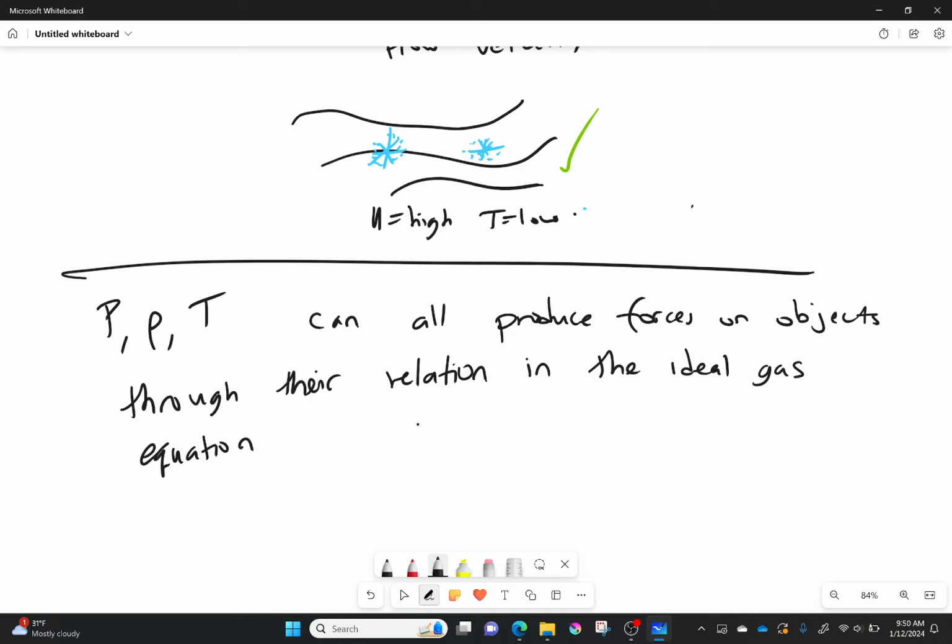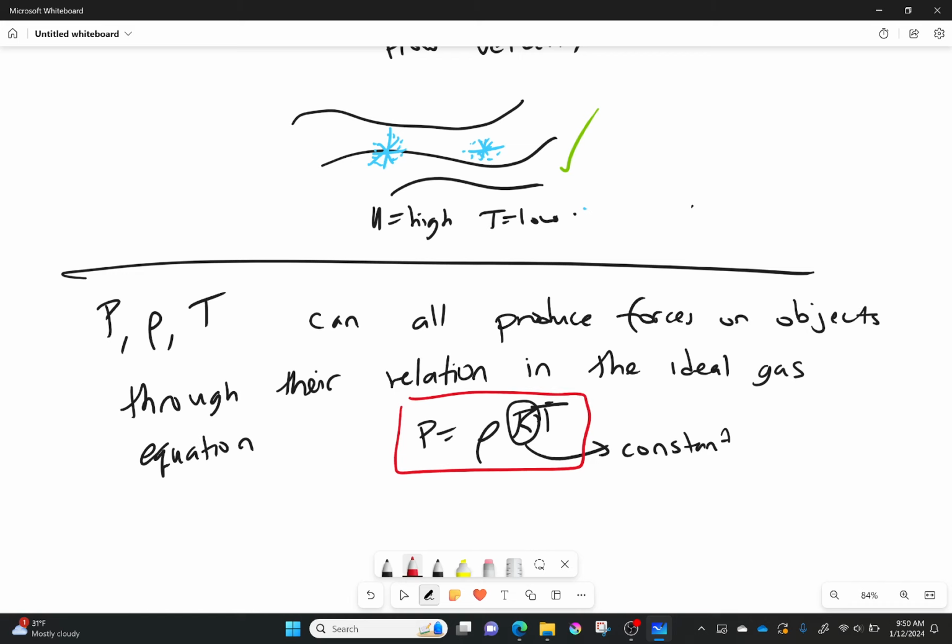Hopefully you haven't forgotten that already: pressure is equal to density times R times T, where R is a constant. This is the big relation for why they can all lead to forces.